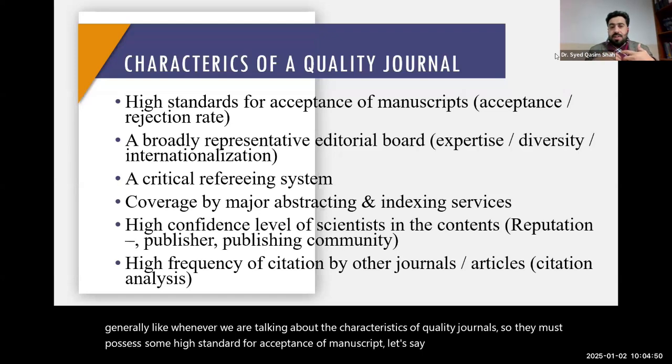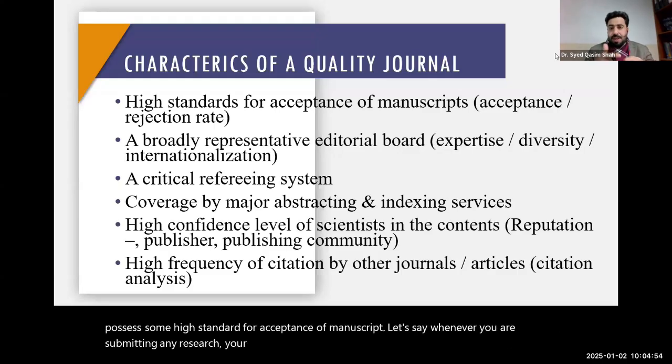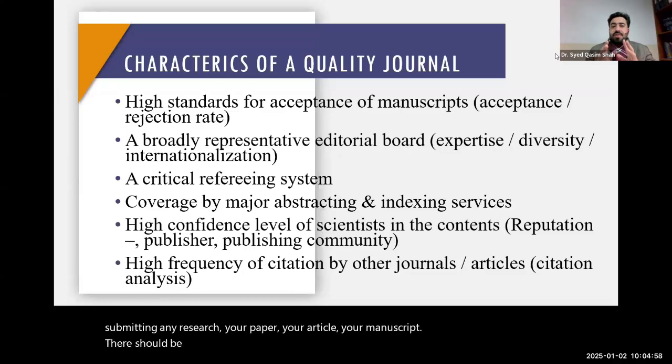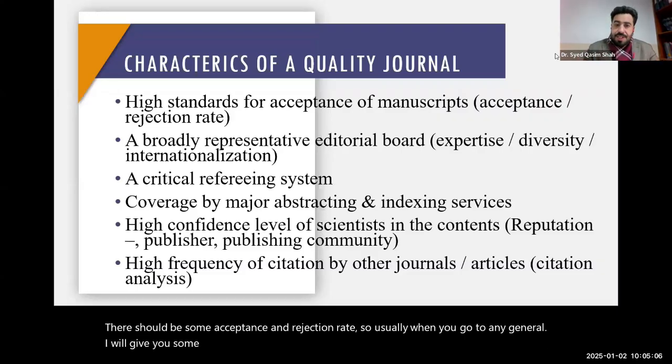Whenever you submit your paper, your article, your manuscript, there should be an acceptance and rejection rate. When you go to any journal, I will give you some brief examples and tips on how you can check the validity of a journal.